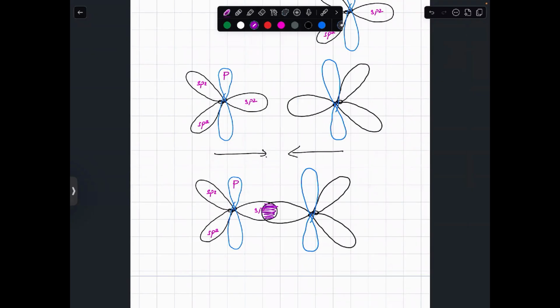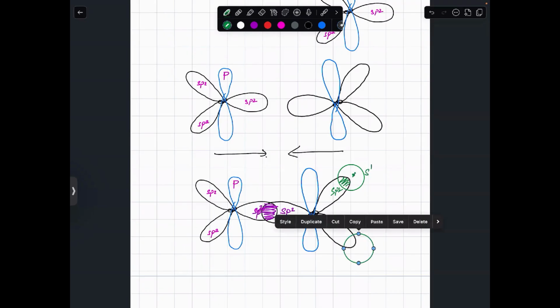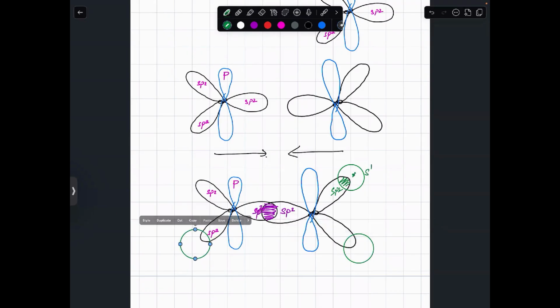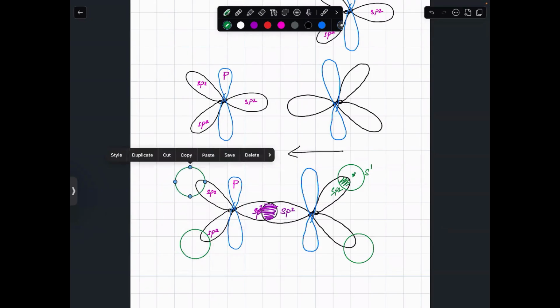This is sigma bond, which is made by the overlap of sp2 with sp2, right? And if this is the hydrogen, overlapping what? S with sp2, S with sp2 head on, another hydrogen, another hydrogen. So this is hydrogen sigma, hydrogen sigma, hydrogen sigma.